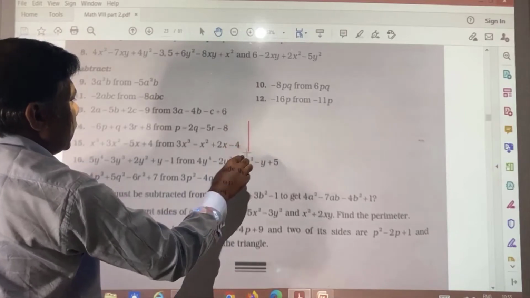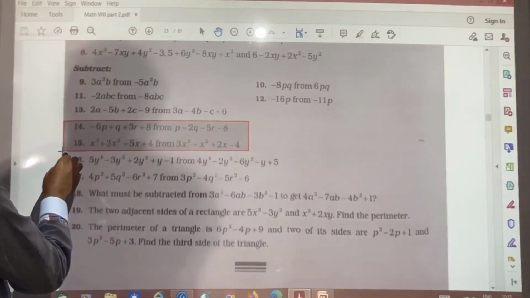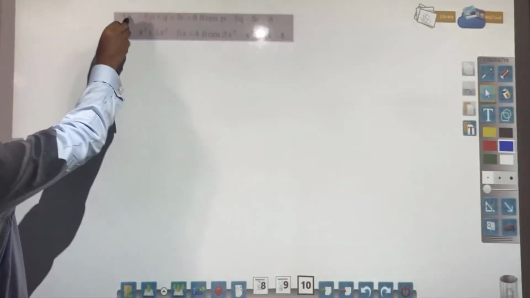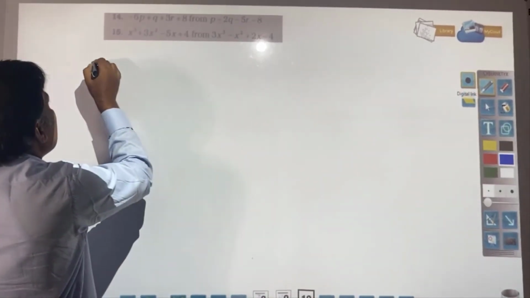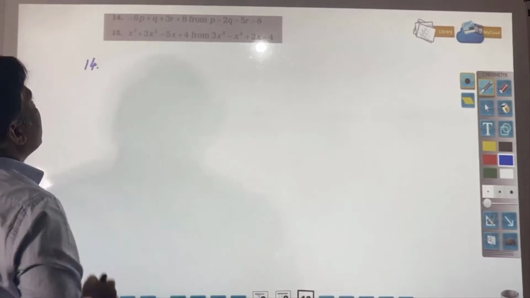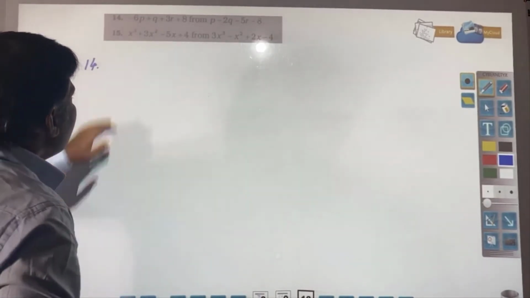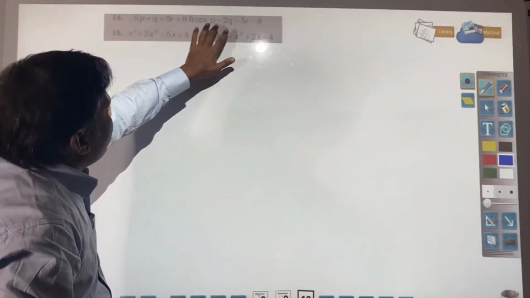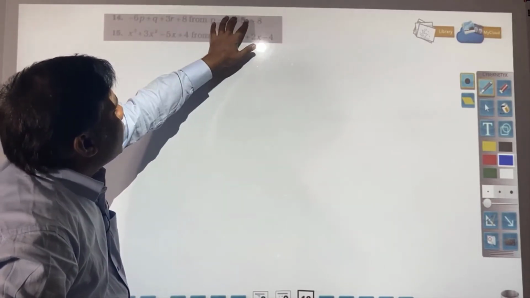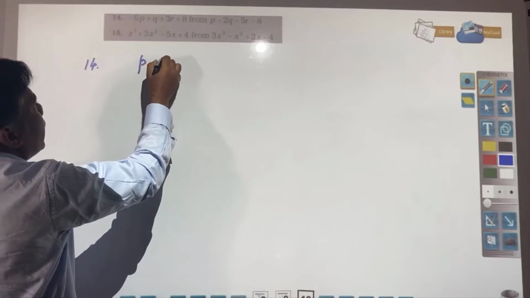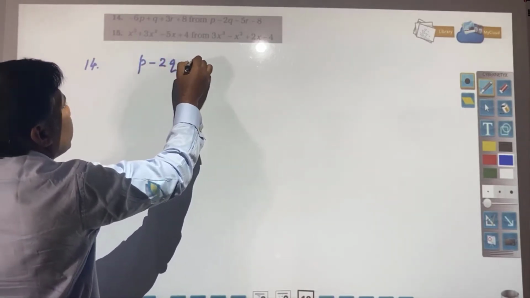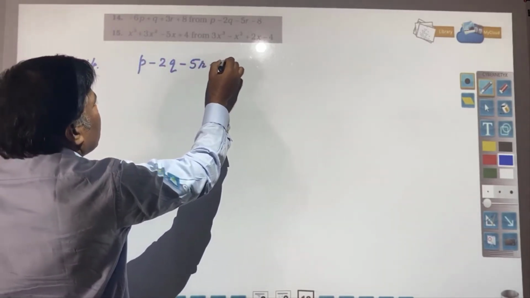Suppose take these two questions. Here you have, this number is required to be subtracted from this. So this number you write first. So here we will write p minus 2q minus 5r and minus 8.